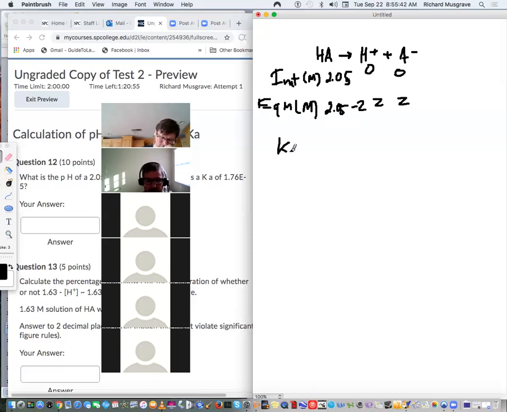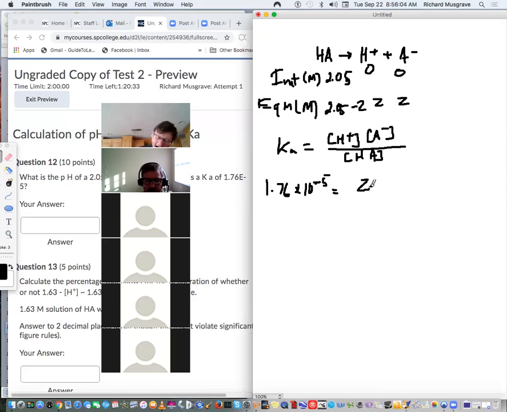So the equation we're solving is Ka equal to H plus times A minus over HA. So I'll sub everything in, 1.76 times 10 to the negative 5 on the Ka.